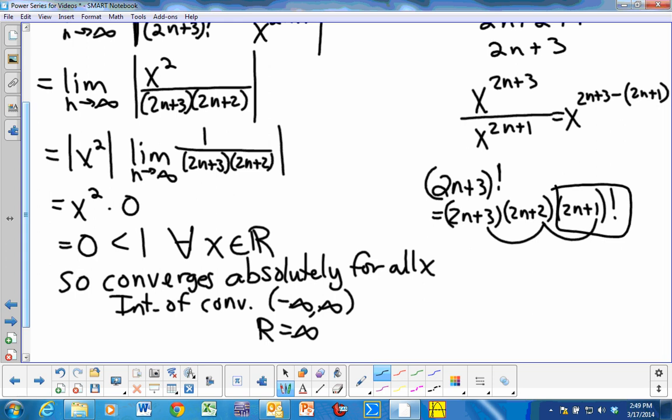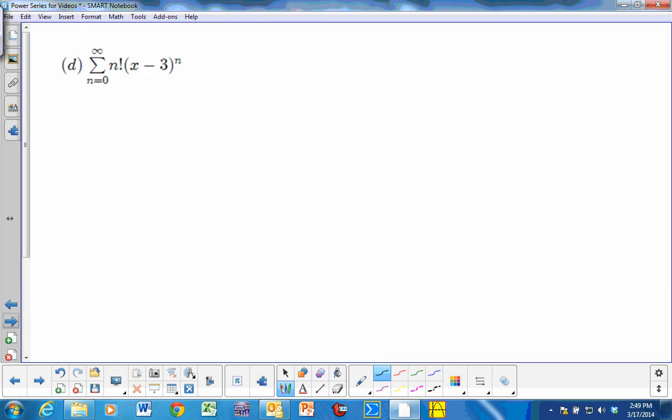All right, so we're going to do one more of these, and then we'll save the rest of this for the second part of the video. So here again, we have a limit that we need to take. We can do the ratio test. Or actually, right from the beginning, what do you notice? You have n factorial there.